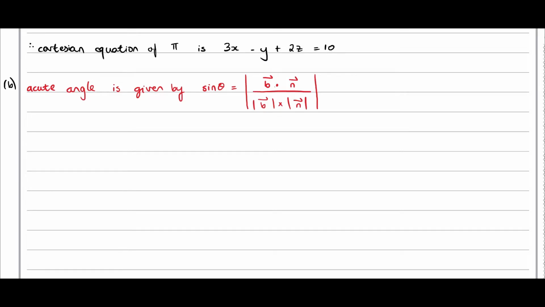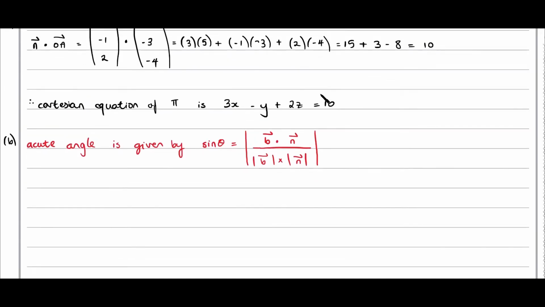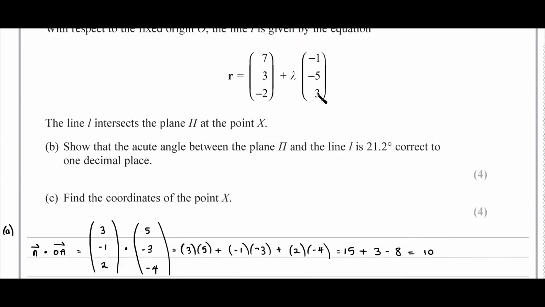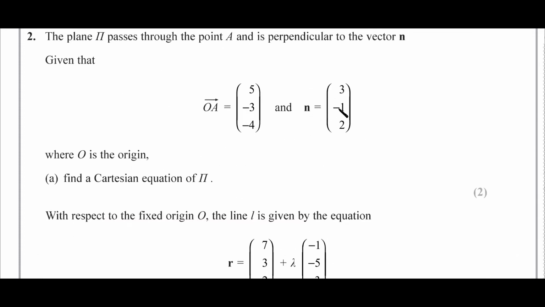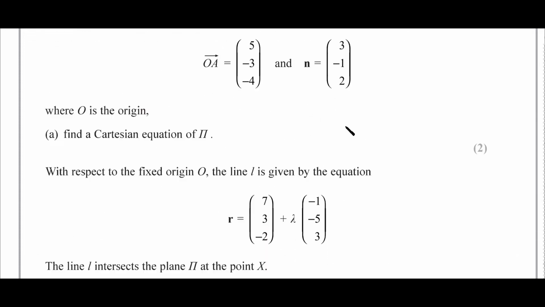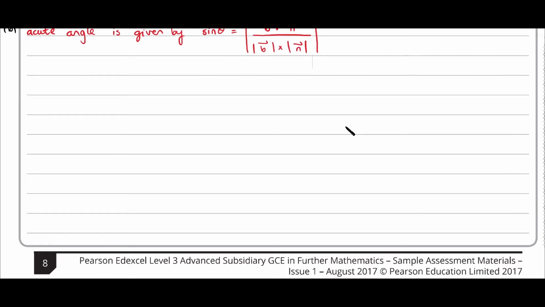So all we have to do over here, if we consider this (-1, -5, 3), essentially this bit over here is our b, and we know what n is. That was (3, -1, 2).